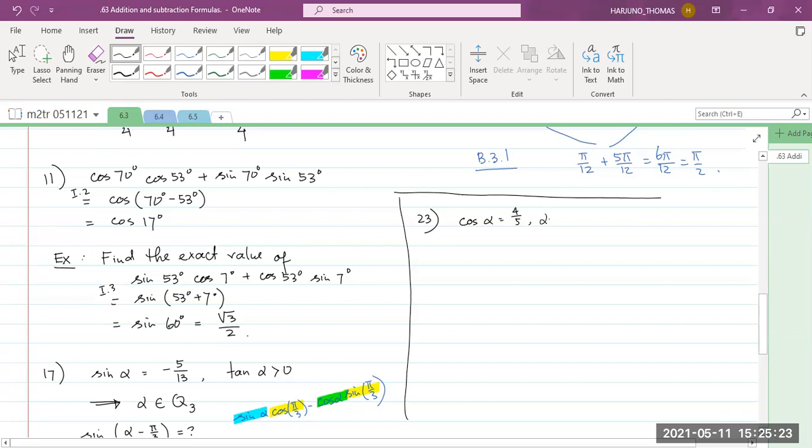Alpha is in quadrant 1. They say it's an acute angle, so it must be quadrant 1. Okay. And then tangent beta is 5/12. Beta also in quadrant 1. So they are nice, both of them in quadrant 1. Oh, actually, this is 8/15.